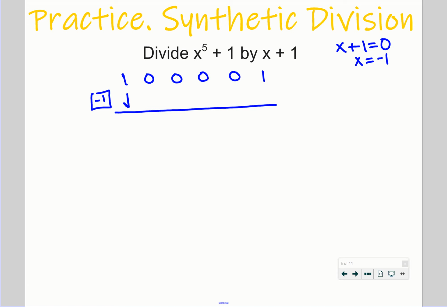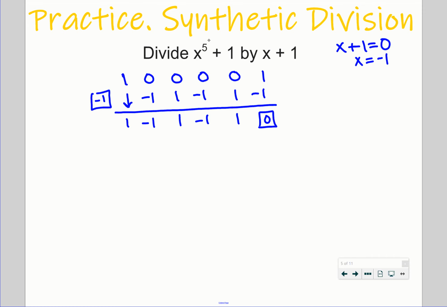Bring my first number down. Multiply and add. Multiply, -1, add, -1. Multiply, 1, add, 1. Multiply, -1, add, -1. Multiply 1, add 1. Multiply -1, add 0.